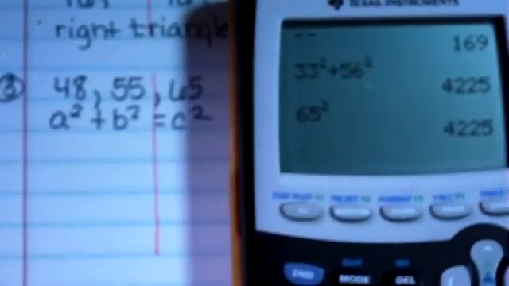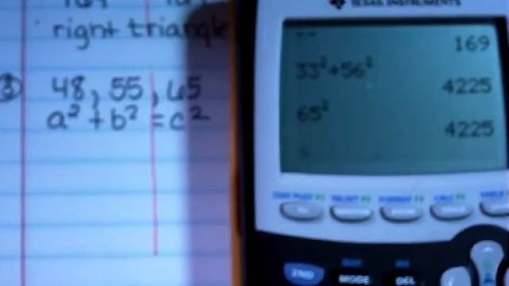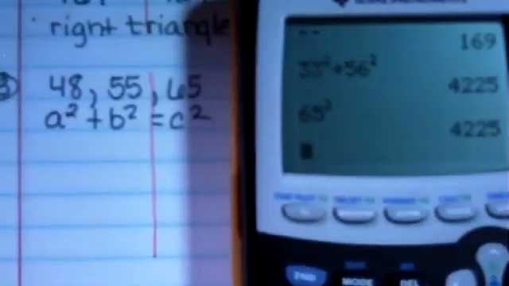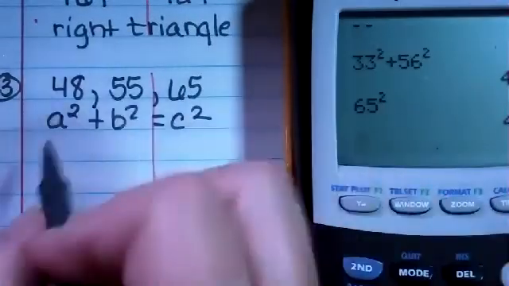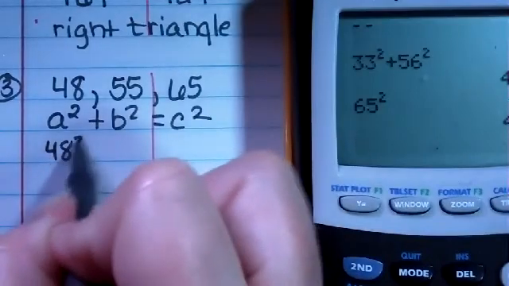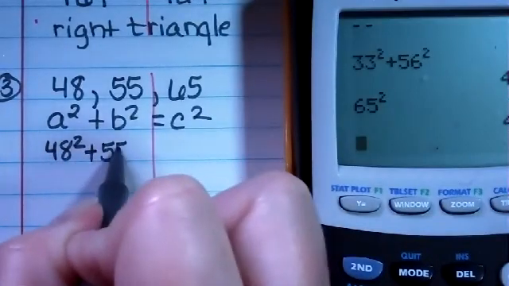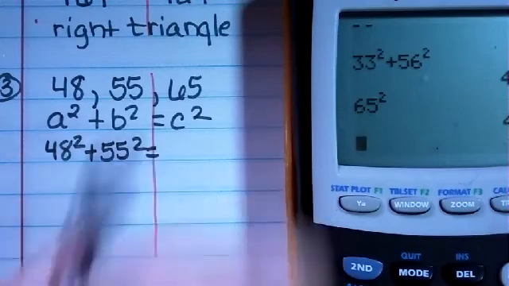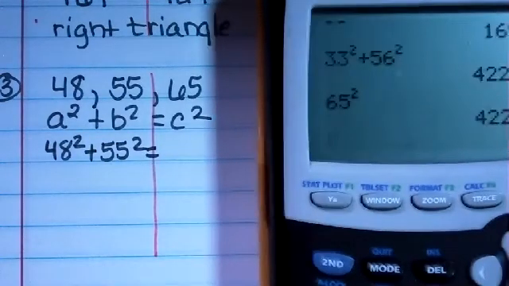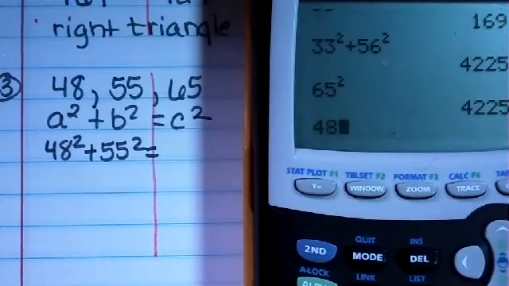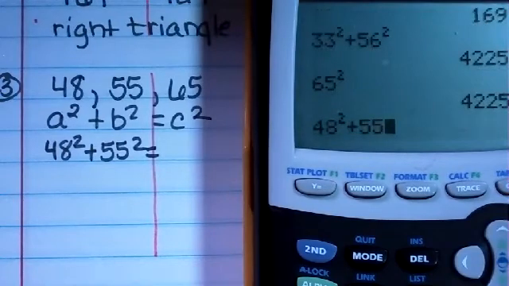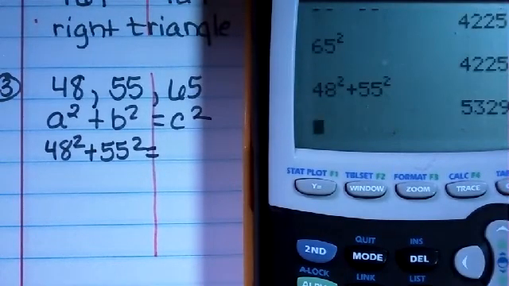You can see it. Now I'm going to put in the 48. Oh, I didn't write it down, did I? Let's write it in. 48 squared plus 55 squared. Now let's put that into our calculator.